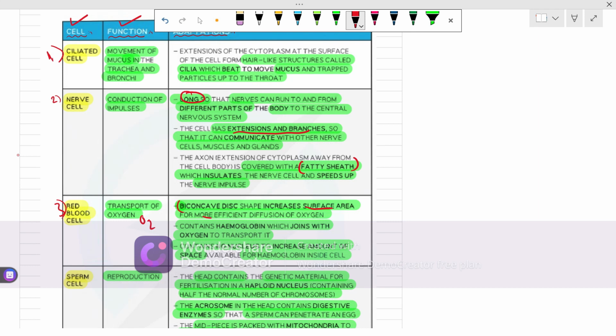It contains hemoglobin. Hemoglobin is a pigment produced with Fe, iron, which joins with oxygen to transport it. It contains no nucleus to increase the amount of space available for hemoglobin inside the cell and also to increase the rate of diffusion of oxygen.